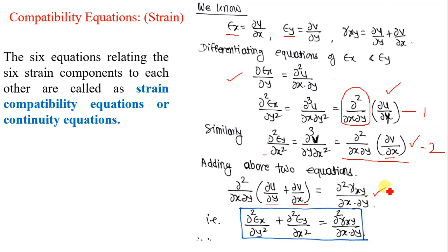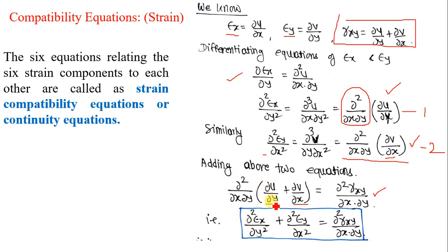This term is derived from the last equation: if you differentiate it with respect to x and then again with respect to y, you will have this particular relationship.